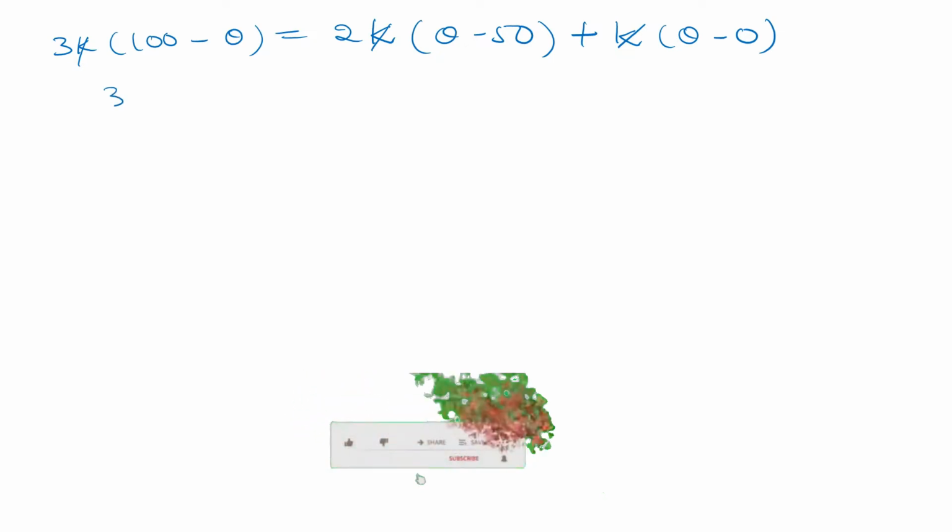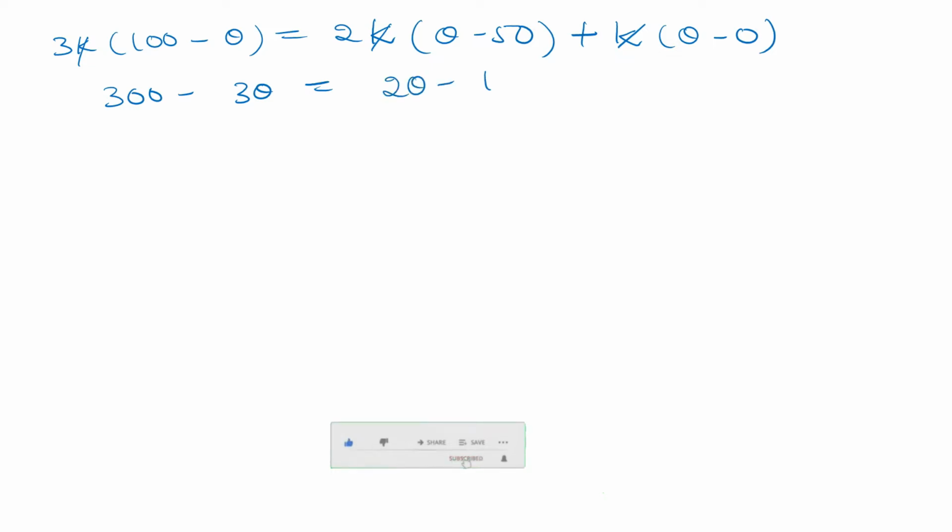3 into 100, 300, minus 3 theta, is equal to 2 theta minus 100 plus theta. Here K gets cancelled, so only theta.